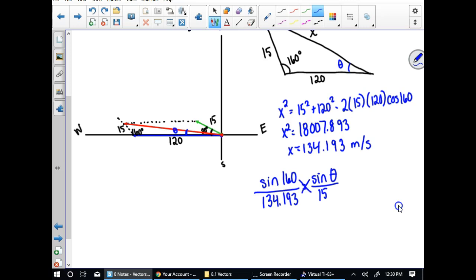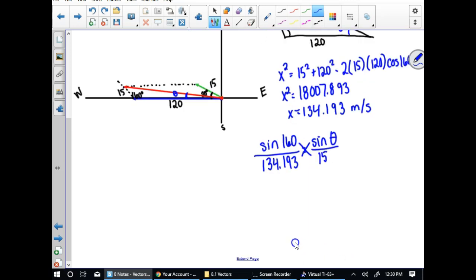We will cross multiply here. So 134.193 sine theta equals 15 sine 160. Got to divide by 134.193.